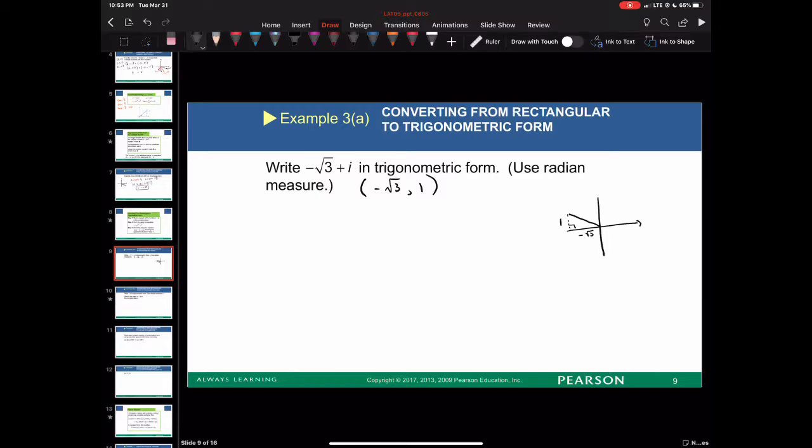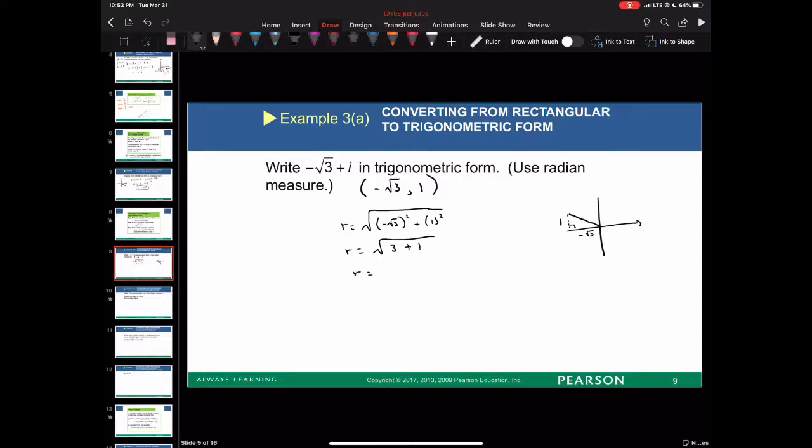Now, what else will we have? So if we were looking for r, r is equal to the square root of negative square root of 3 squared plus what? 1 squared. So r is just equal to the square root of 3 plus 1.